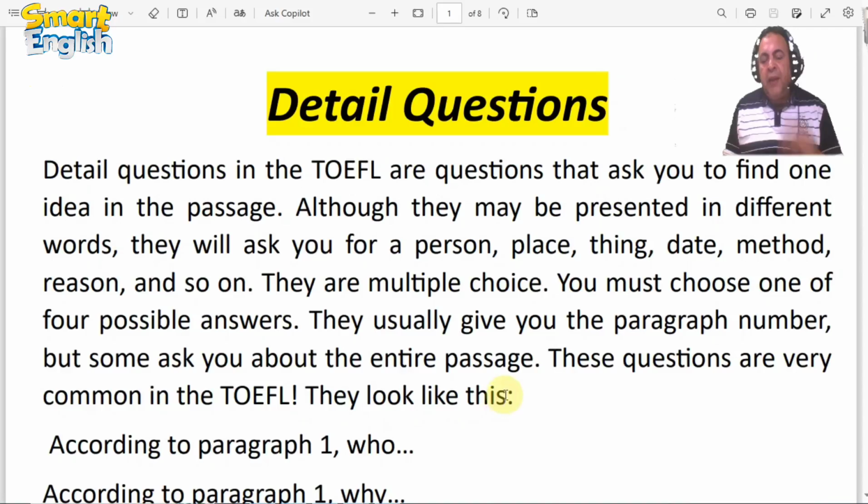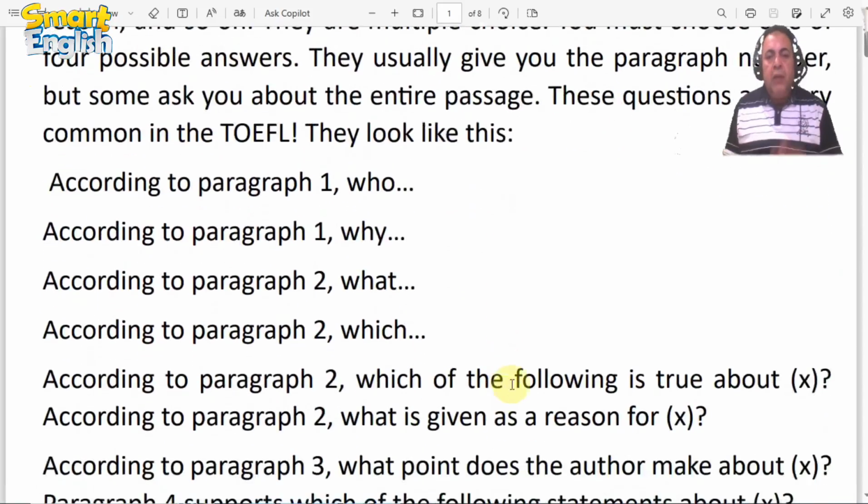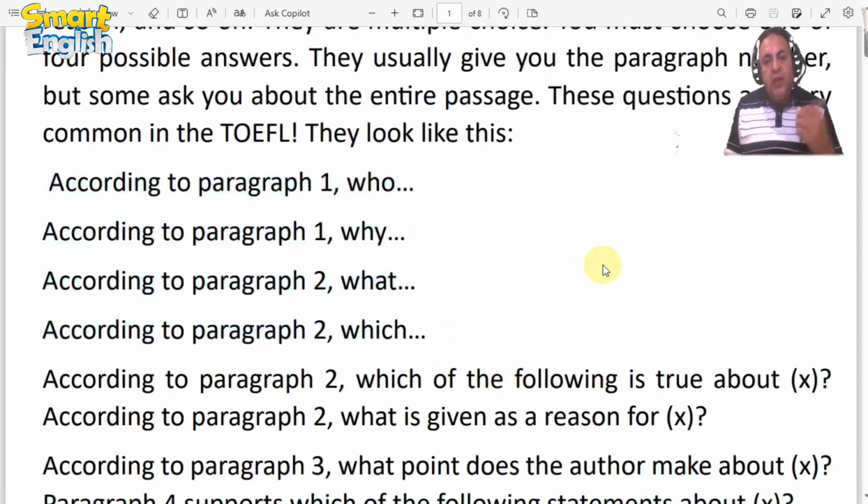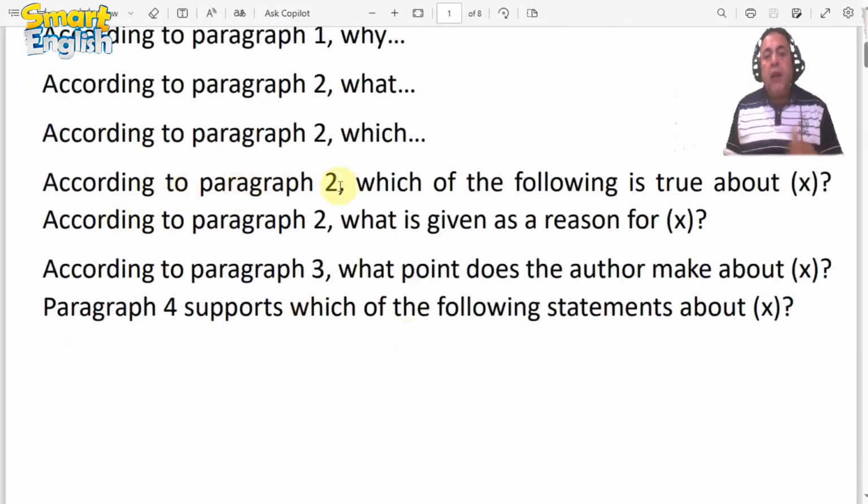These questions are very common in the TOEFL. They look like this. So now this is the formation of the question, or the question types. According to paragraph 1, who, blah, blah, blah. According to paragraph 1, why, blah, blah, blah. According to paragraph 2, what, blah, blah, blah. According to paragraph 2, which of the following is true about X?